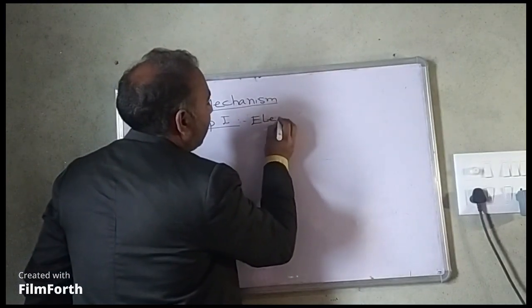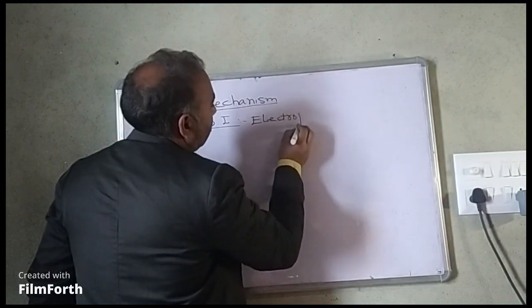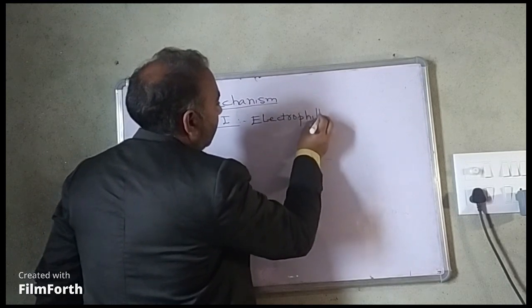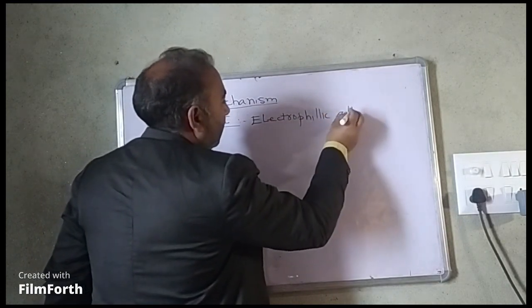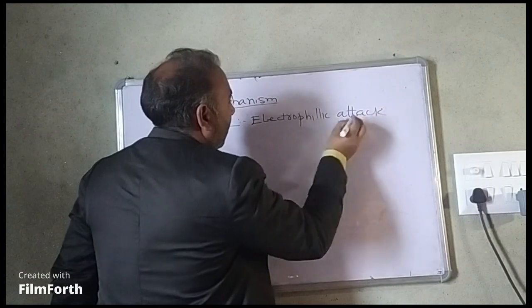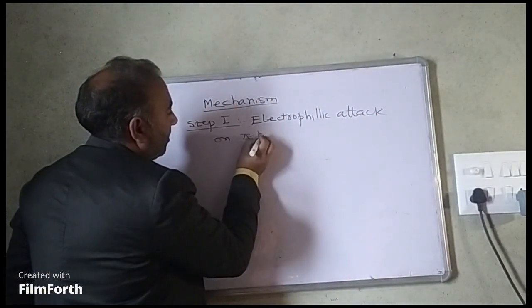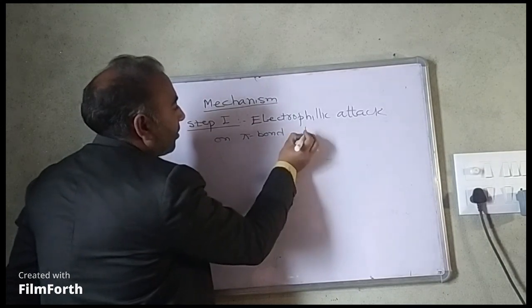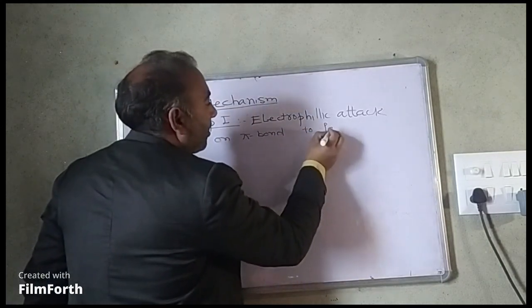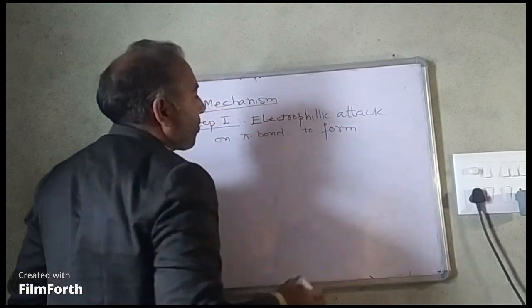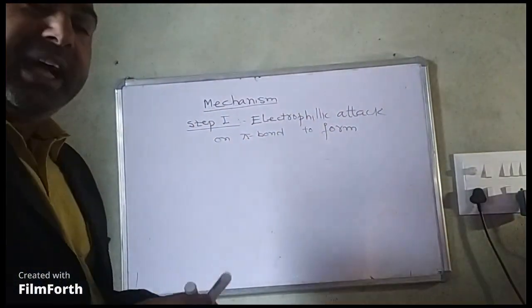Electrophilic attack on pi bond to form carbocation. So in the first step we will get a carbocation.